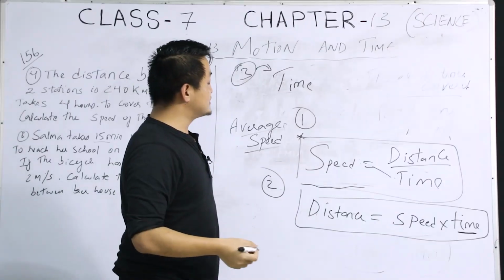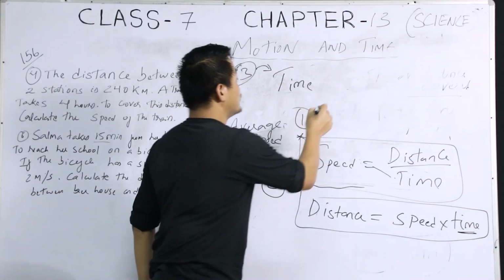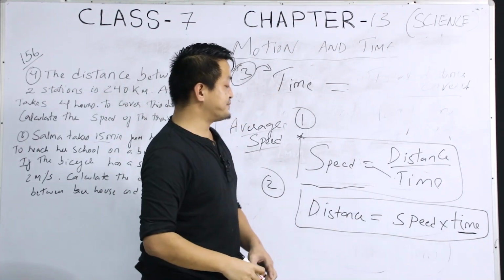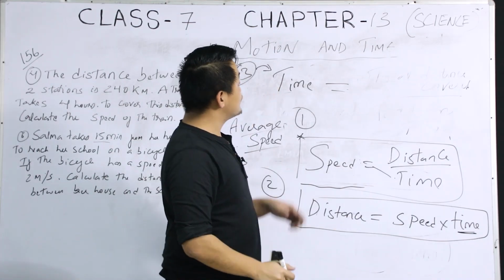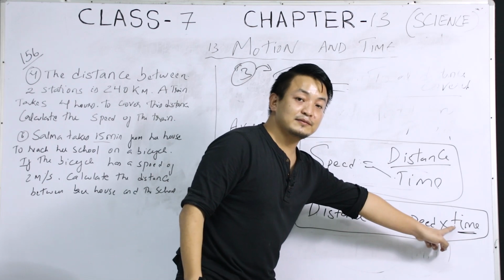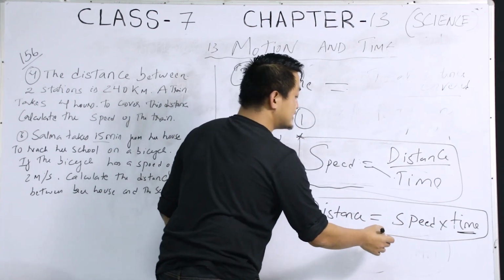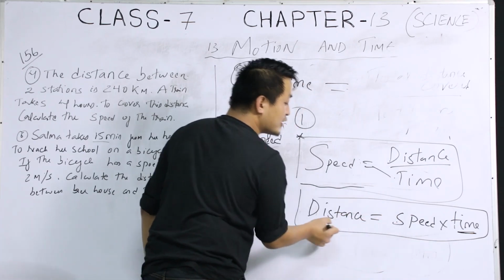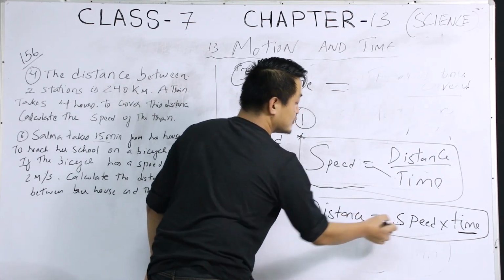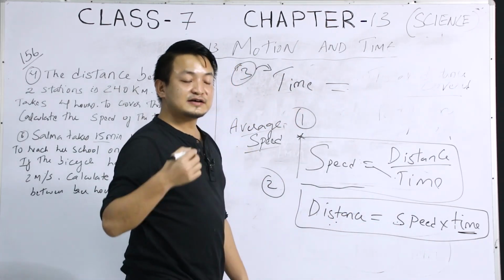If you get a question to calculate the time, then what you can do is, students, since you want to calculate the time, this one will go here, so it will be distance by speed.